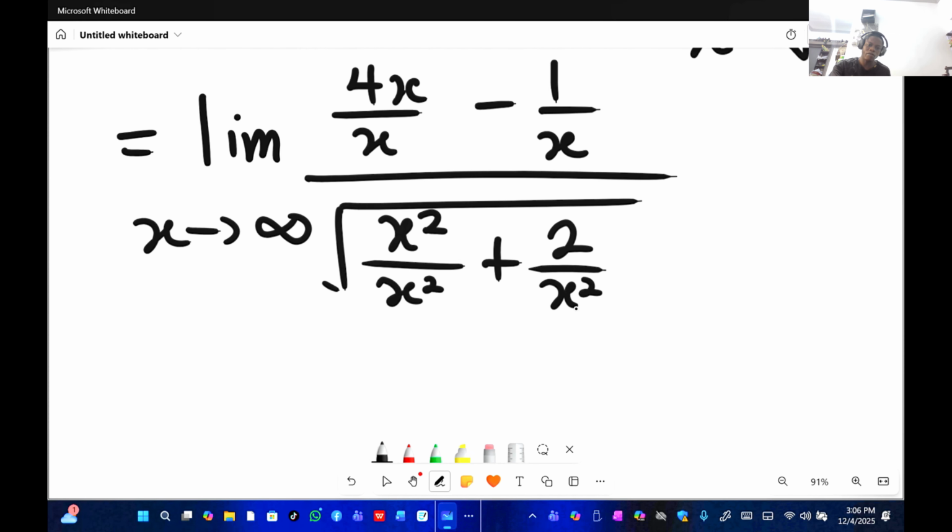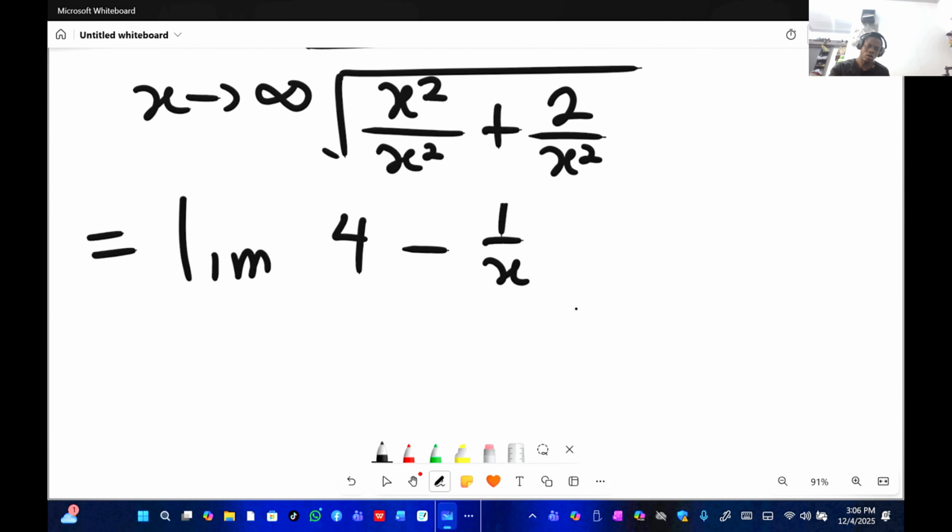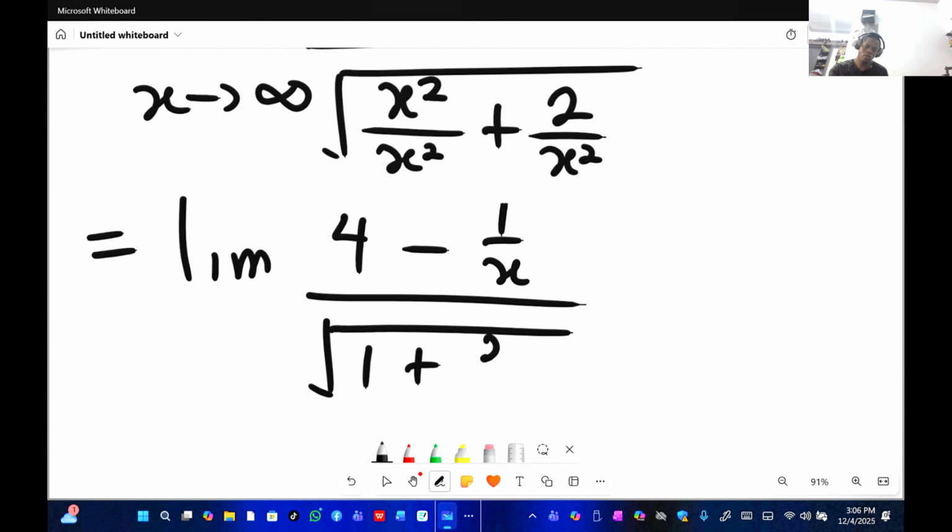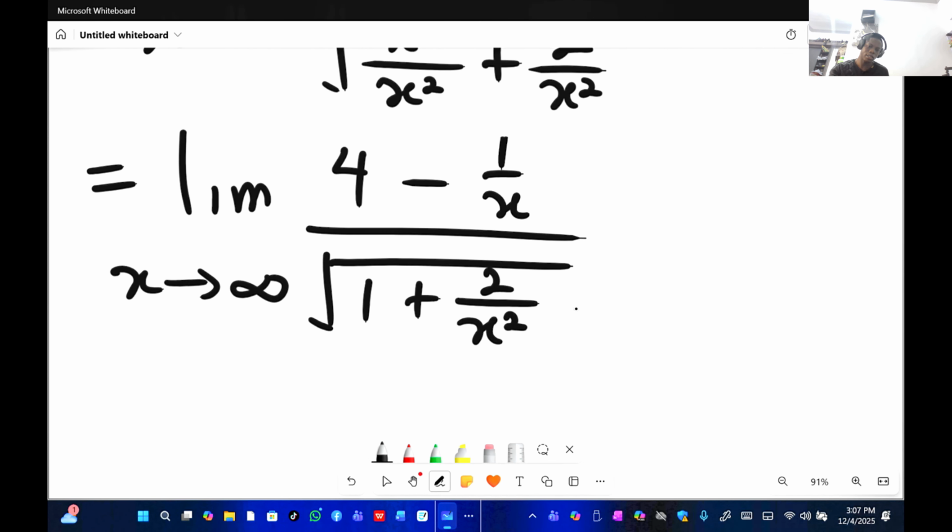So we continue to evaluate. We get the limit of 4 minus 1 divided by x, all divided by the square root of 1 plus 2 divided by x squared, as x approaches infinity.